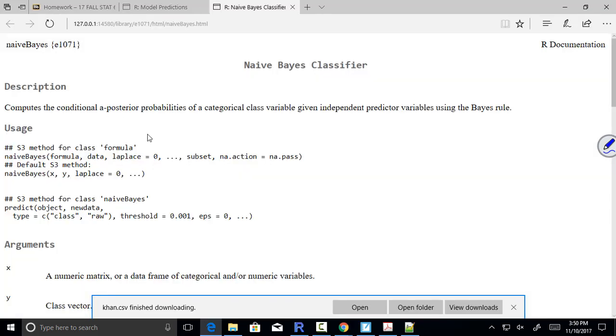So here's where you want to go if you want to figure out the details of how to do predict with a naive Bayes. It shows you how to use the naive Bayes function itself. And then here is the version of predict for an object of class naive Bayes.